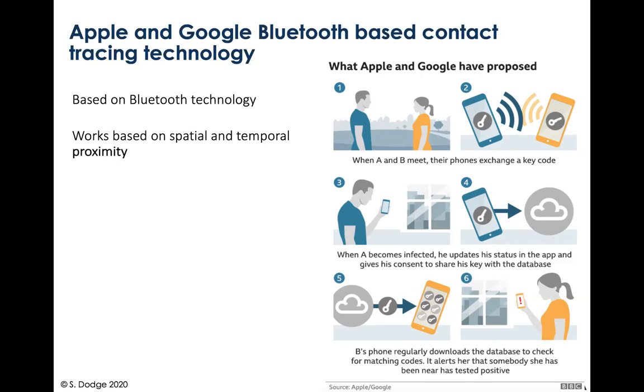And then basically these two cell phone devices that came into contact exchange a key, and if an individual is infected, then a message is sent to other devices that have been in contact with this device, and hopefully that would help inform people that they came into contact with an infected individual.